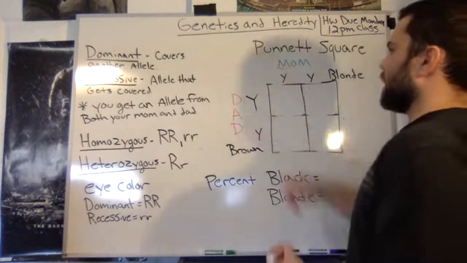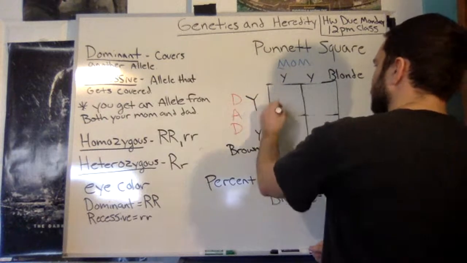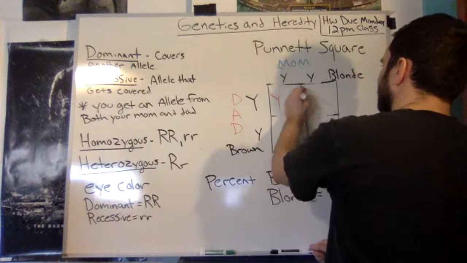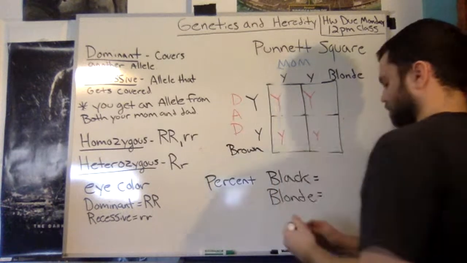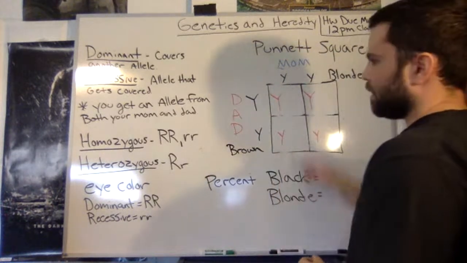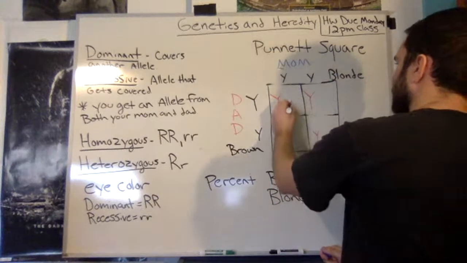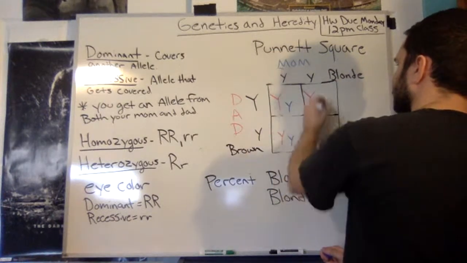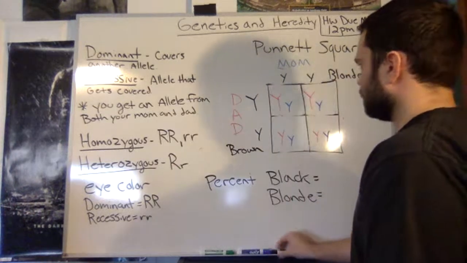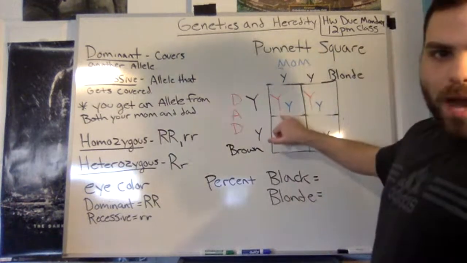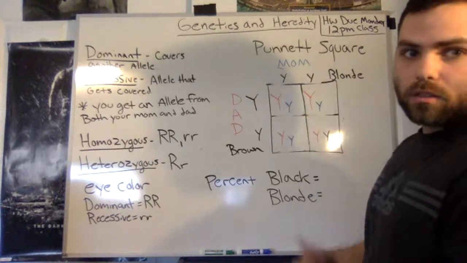So I'm going to bring over dad's first. So dad has uppercase Y, and he's got lowercase y, lowercase y. All right, now we're going to bring over mom. So mom's got lowercase y's. So this first box, we got uppercase Y. So that's dominant, right?